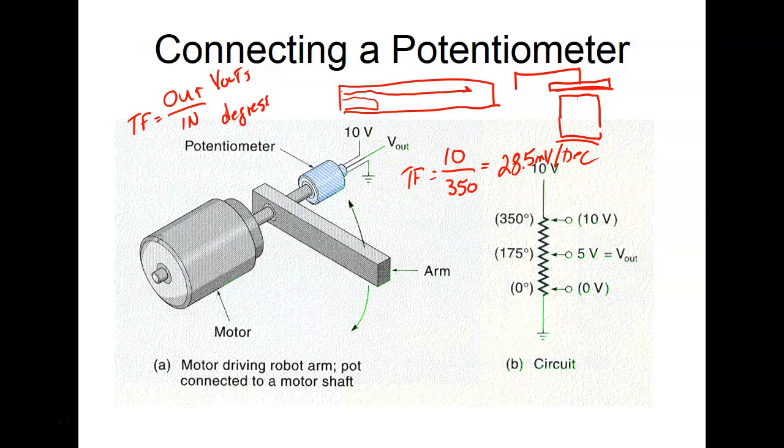All right, okay? Any questions? So transfer function is usually what? It's what we get out divided by what we put in, out over in. And then once we get that transfer function, this really comes into play with a lot of our analog sensors, because our analog sensors are going to give us a voltage or a current that represents something.